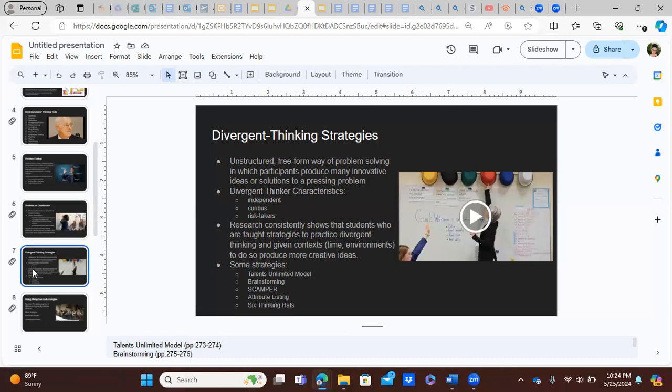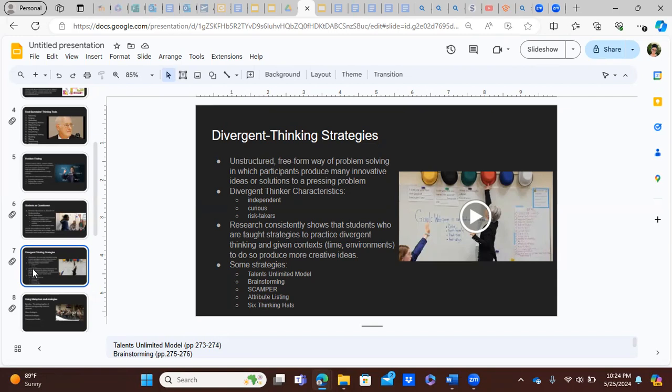So the first is called the Talents Unlimited model. It's direct teaching about divergent thinking, which we've mentioned is important. In this model, this type of thought called productive thinking is taught as one of several types that are important for success in a variety of tasks.